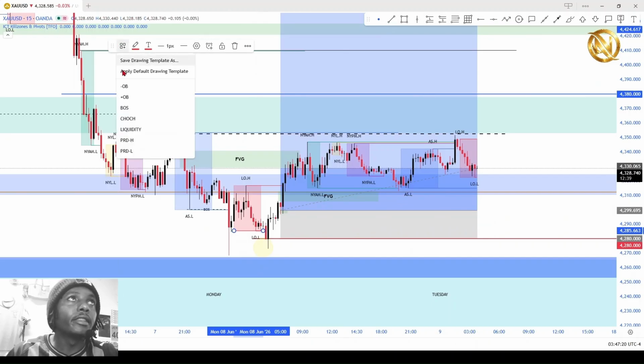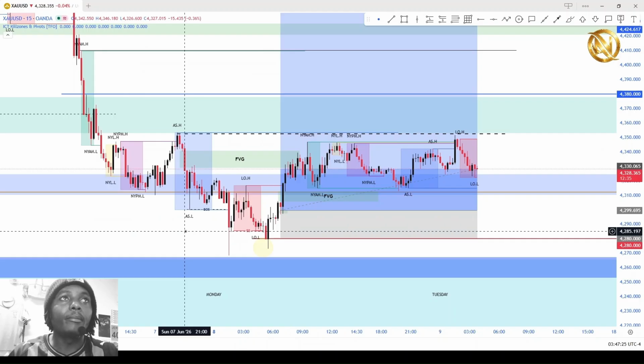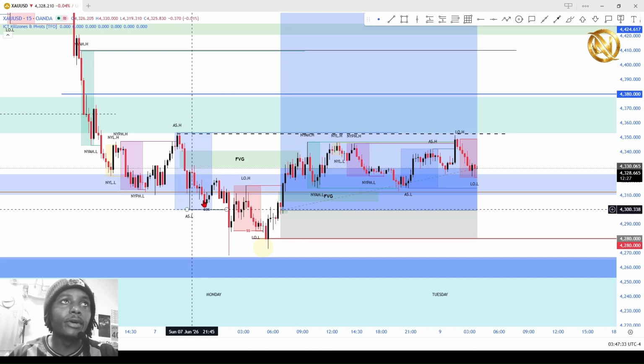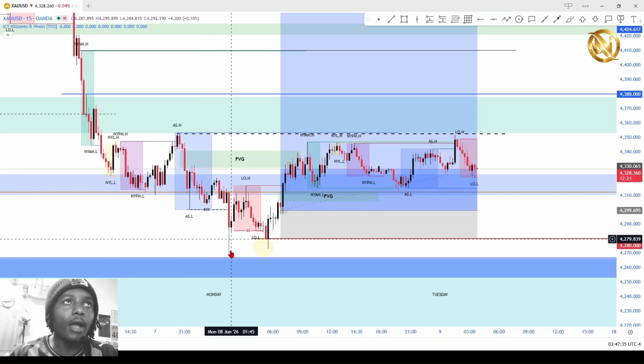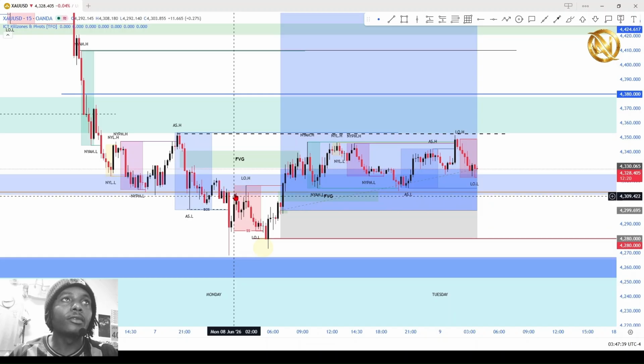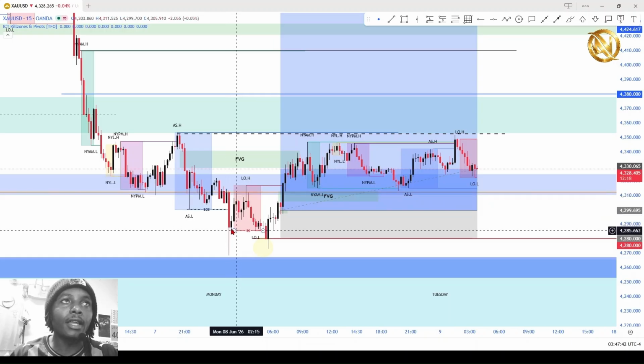Then also, after forming the London high and London low, we swept the London low at this particular moment. That also is part of the confluences, because my checklist is that we must have a sweep, then displacement to the upside. In this case, we had a sweep and displacement to the upside, so we could have looked for buys around this level.